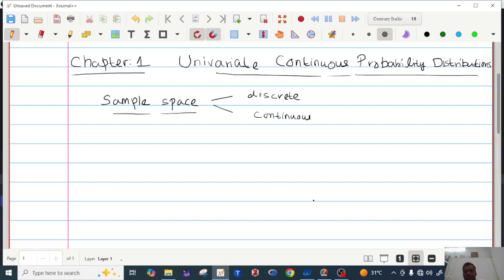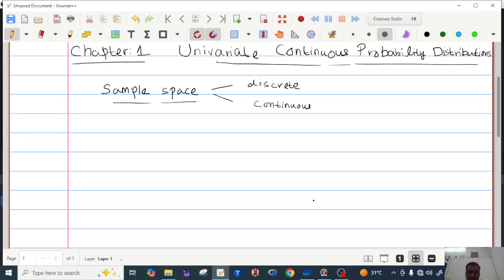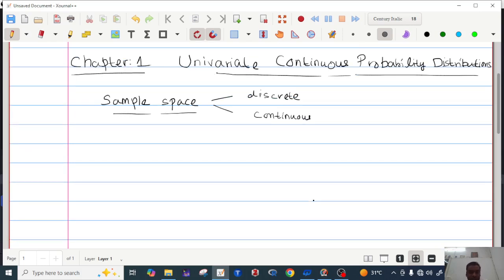Our interest for this chapter is in the continuous sample space. What is meant by continuous sample space? If the range or the set of possible elements of the sample space is continuous, then the sample space is continuous.